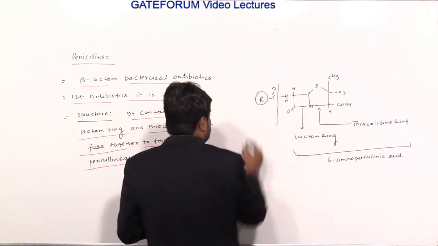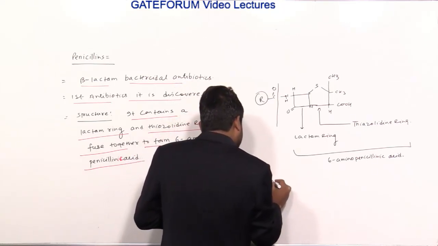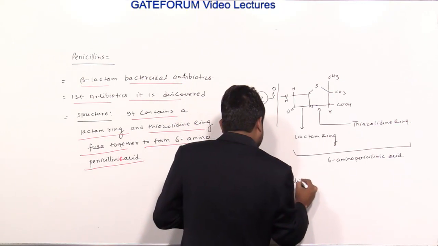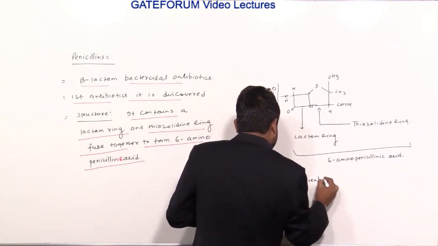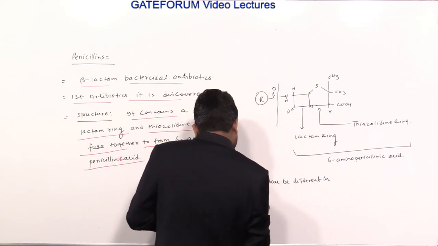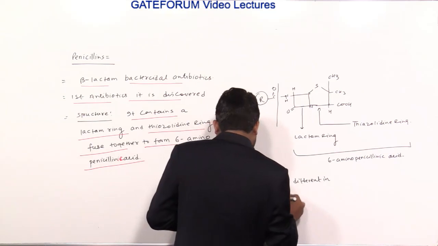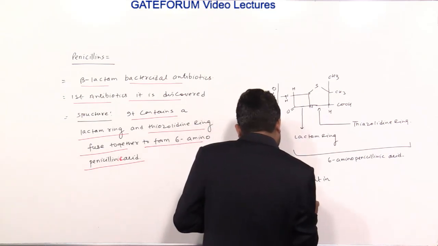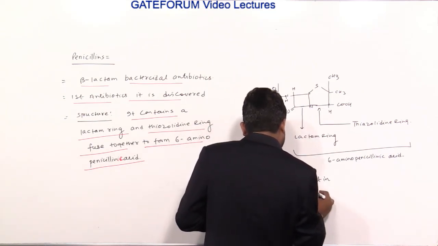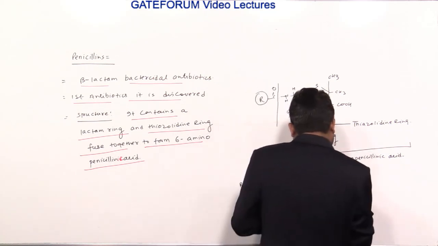And this R group may be different in penicillin G, ampicillin, amoxicillin.